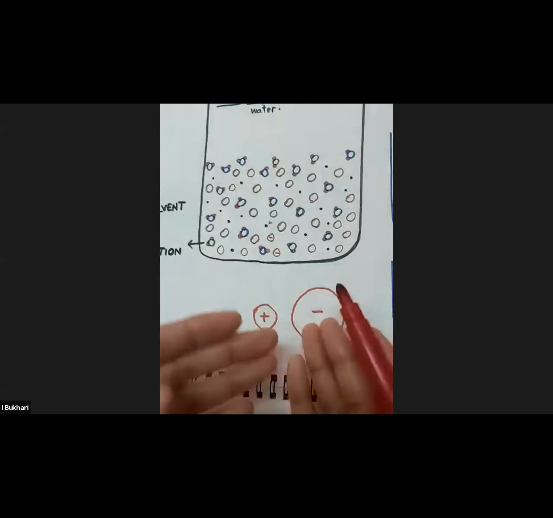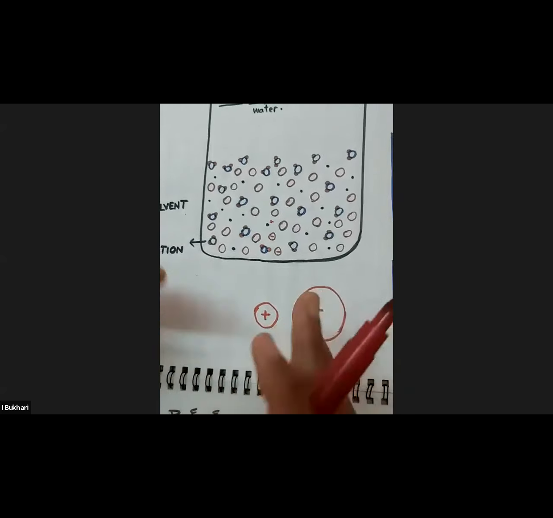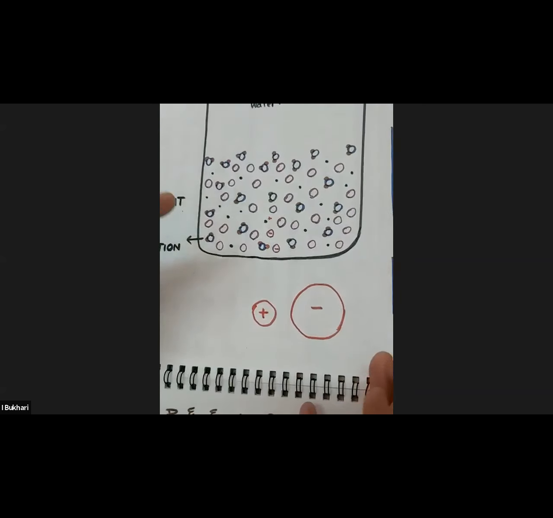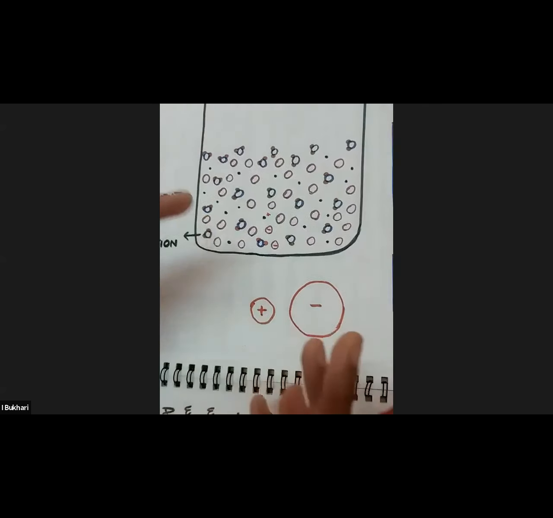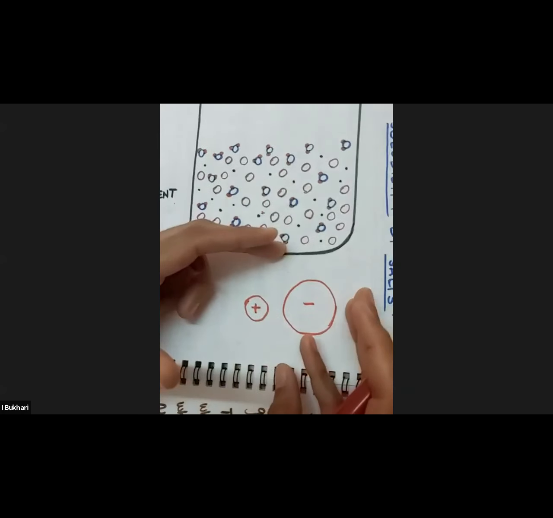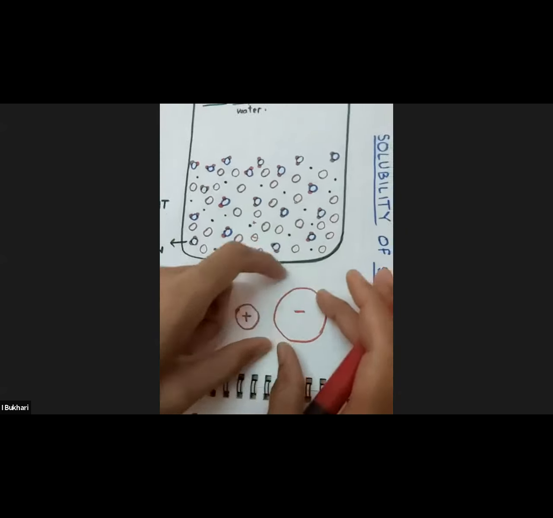Anions have gained one more electron, so the negativity increases, and the electrons repel each other and go farther away, increasing the overall size of the anion. That is why an anion is always bigger than a cation.